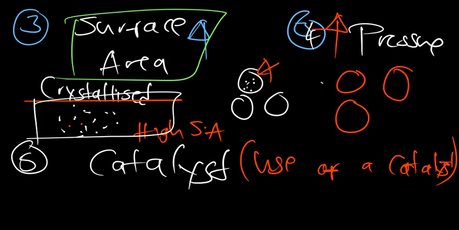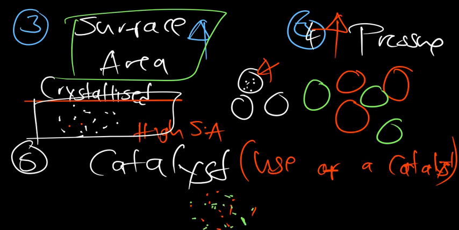The reaction is going to be very slow. But if you increase the surface area by breaking the particles into smaller ones, there would be more contact and more collisions between the particles, leading to a higher rate of the reaction. Okay? Simple principle.